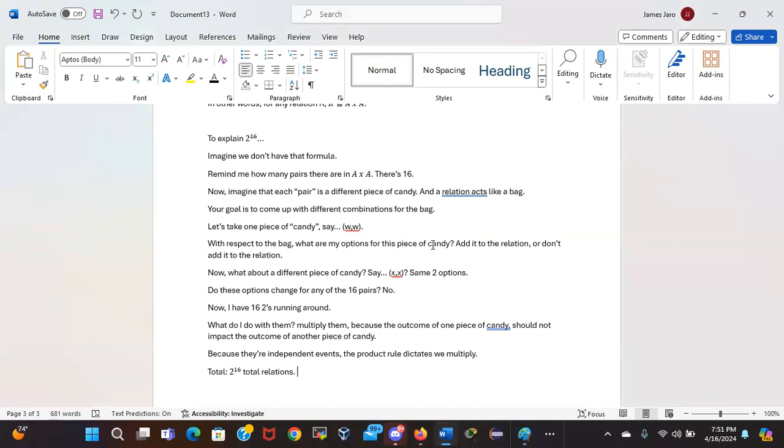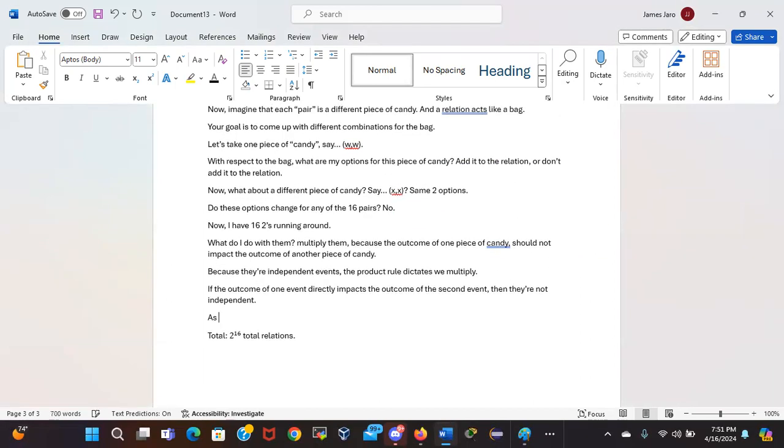When are they not independent events? If the outcome of one event directly impacts the outcome of the second event, then they're not independent.